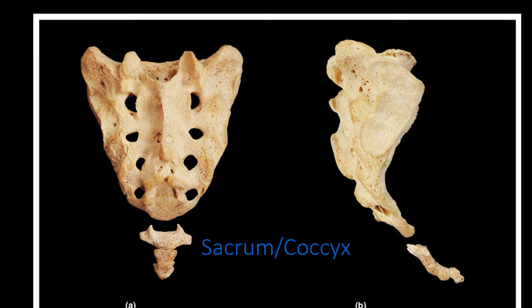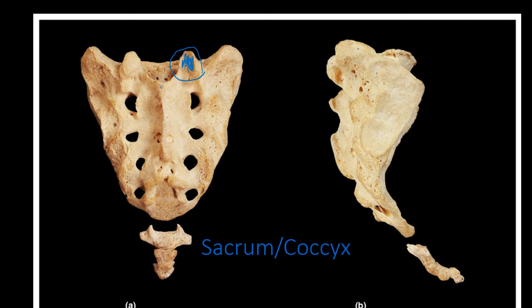And then we have the sacrum and the coccyx. We'll start with the coccyx, and basically, you just need to be able to recognize what it is and be able to name it. For the sacrum, we do have a couple of other structures to see here. We have a superior articular process and facet once again on there.